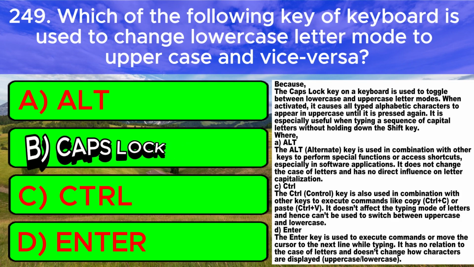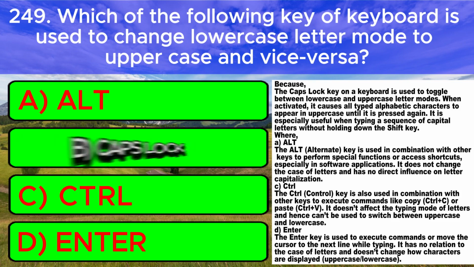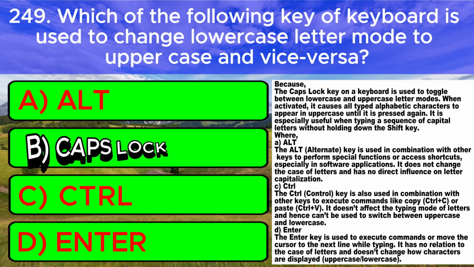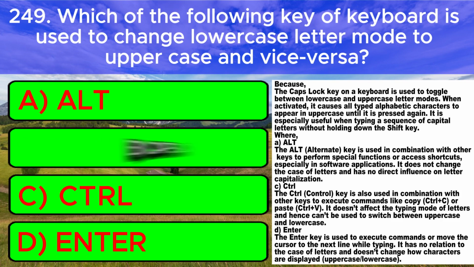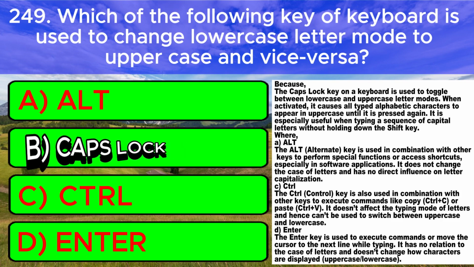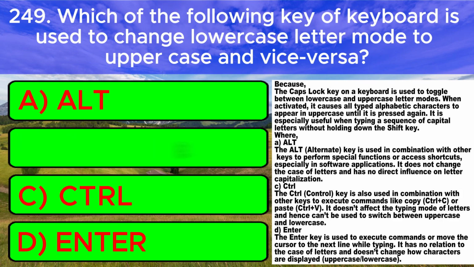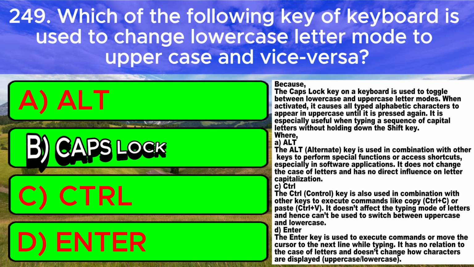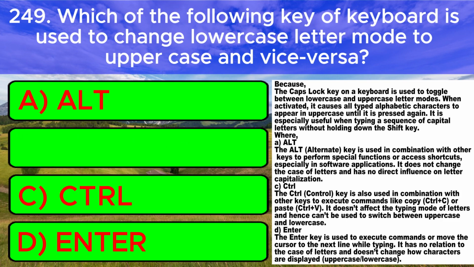C. Control key is also used in combination with other keys to execute commands like copy, Control C, or paste, Control V. It doesn't affect the typing mode of letters and hence can't be used to switch between uppercase and lowercase. D. Enter. The Enter key is used to execute commands or move the cursor to the next line while typing. It has no relation to the case of letters and doesn't change how characters are displayed, uppercase, lowercase.